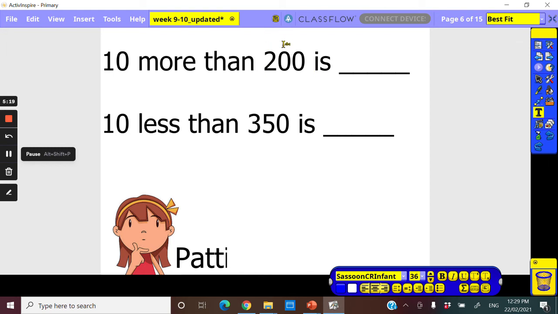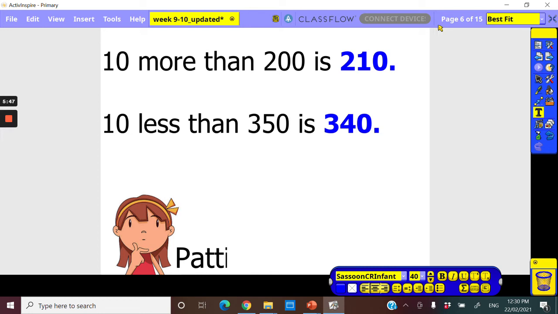The hundreds, the tens, or the ones column? That's right. When we're adding or taking away 10, the tens column is going to change. More means bigger, less means smaller. Press pause while you work out the answer to these two questions and press play when you're ready to check.